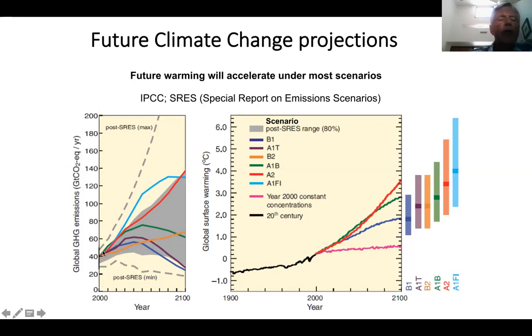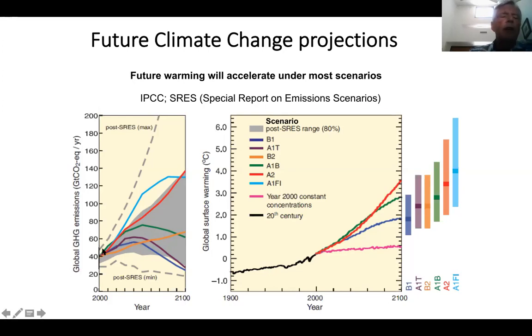Some of them, like the green scenario, is a fairly rapid increase followed by a longer period of decline, as one might expect, let's say, if technology leads us to a way of fueling our energy needs independent of burning fossil fuels, and if it takes, let's say, 2 or 3 or 4 decades to get to that point.